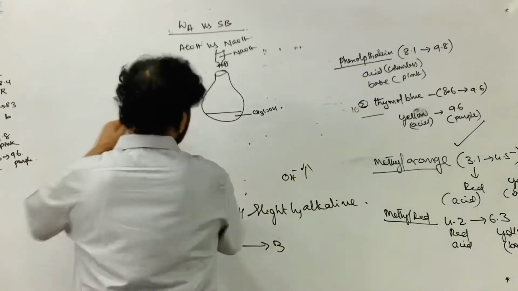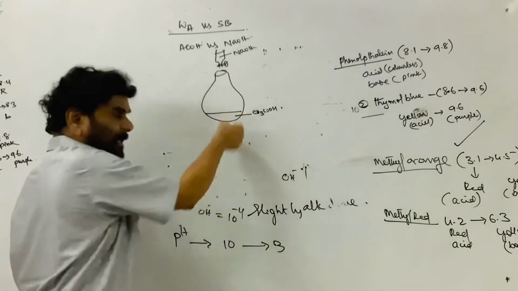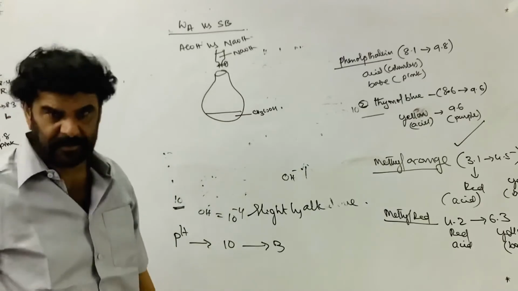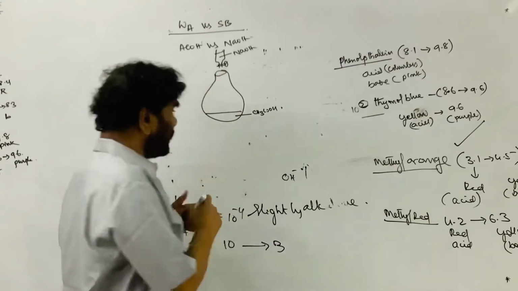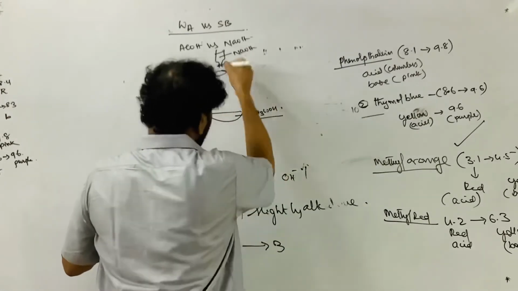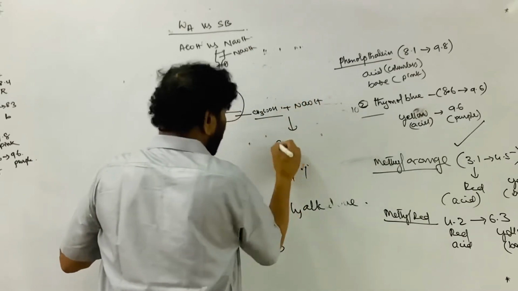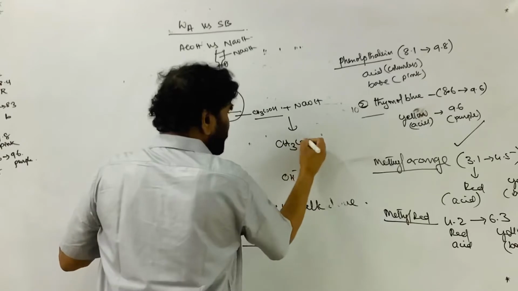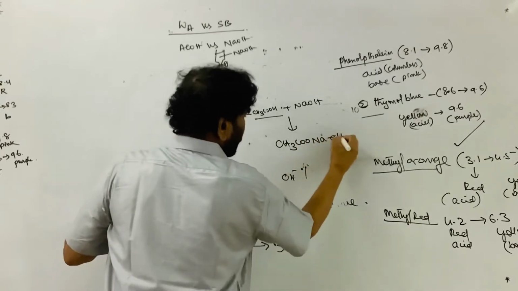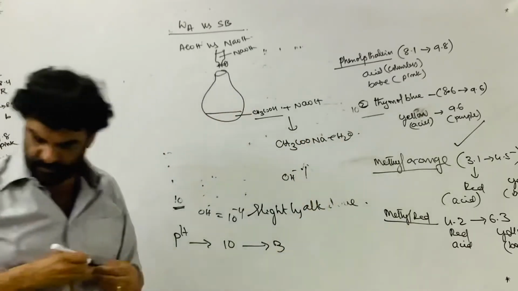And on addition of the sodium hydroxide, what happens? The H plus ion concentration decreases. This is the weak acid you are adding. It reacts with the sodium hydroxide and is converted into the salt of acetic acid, sodium acetate, plus water. This is the reaction.